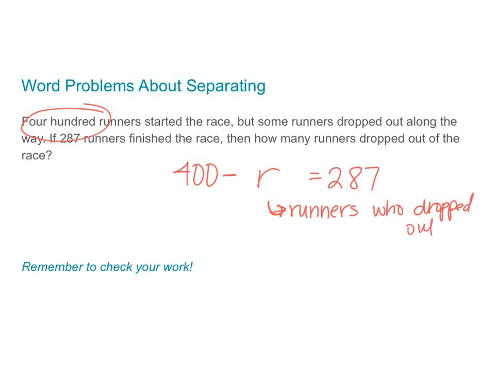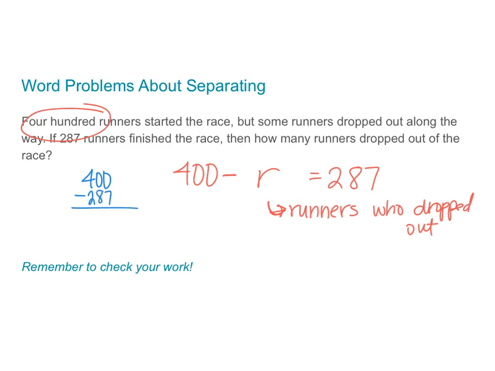Now, can I solve this problem? Can I solve it? Yes. How do I solve it? Okay, so I'm looking right here at your board and you've got 400 minus 287.